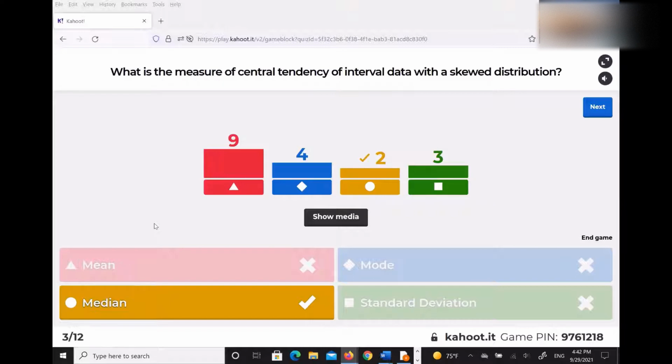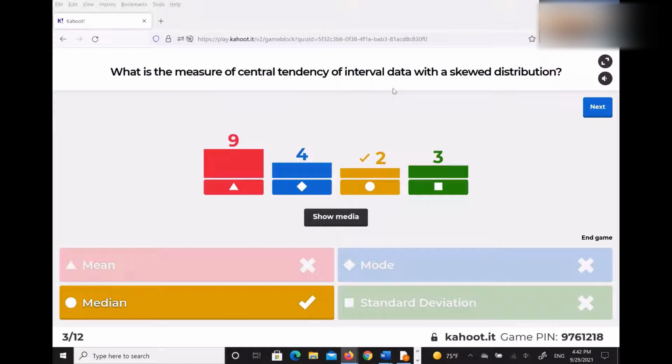Do you guys remember? It's the third one, the third one. There are 4 of them, right? And it's the third one in the list. The levels of measurement, right? It belongs to continuous, everyone. Interval belongs to continuous data, okay?